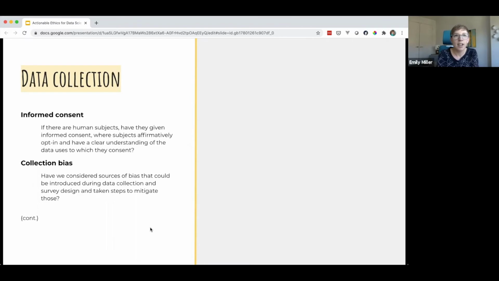It's thinking not just who do we have in our data set, but who were we unable to capture, right? And are there sources of bias that we have inadvertently introduced in the way that we have conducted the survey, right? So if we've asked people for their gender and we've given them 2 responses, male and female, then we've now excluded the portion of the population that identifies as non-binary.